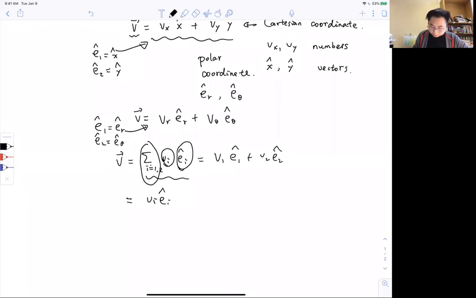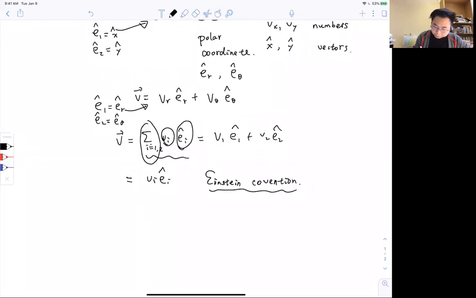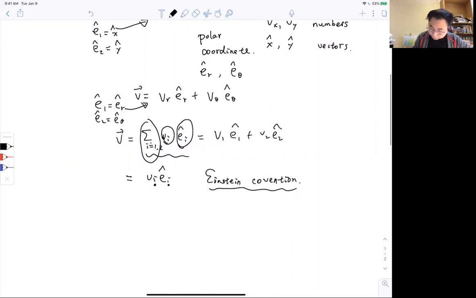This kind of notation is called Einstein convention, or summation convention. In physics, we usually use this notation. Whenever you see two indices that are the same, it means that we sum over them.